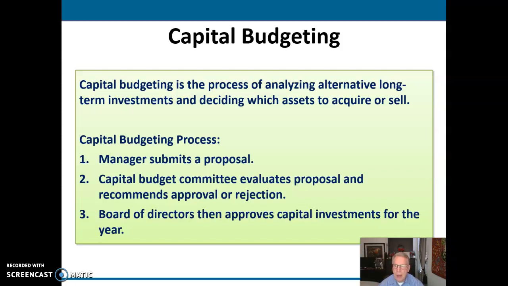They then forward that on to the board of directors, who approves the capital investments for the year. These tend to be the big dollar expenditures for the company, so they're looked at very carefully. And that's why they need MBAs, to be able to do that kind of work.